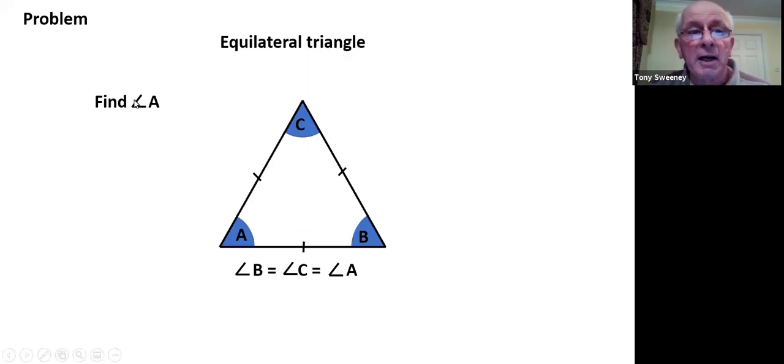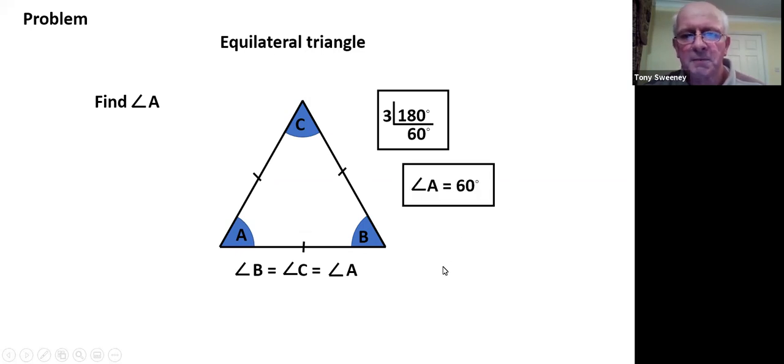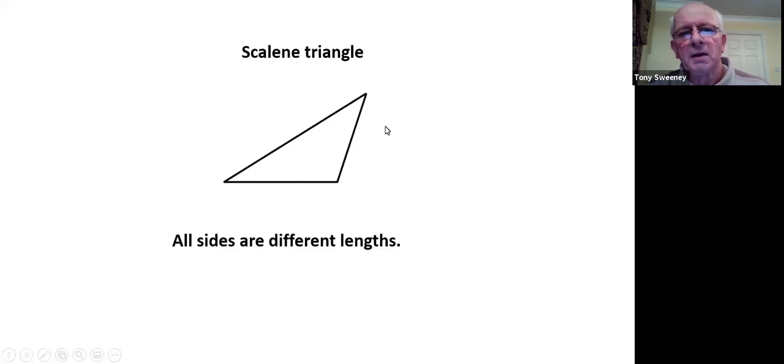An equilateral triangle, find angle A again. So here it is. This is teacher work to divide by 3, and there's angle A. Okay. A scalene triangle. All sides are different lengths, and all angles are different sizes.